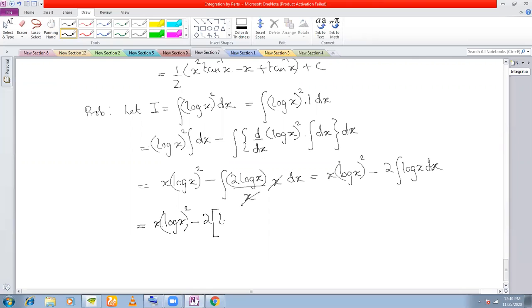Take log x as your first function, 1 is your second function, minus integral of the derivative of the first into the integral of the second. Let's put a first bracket here, and this whole thing has to be within dx.